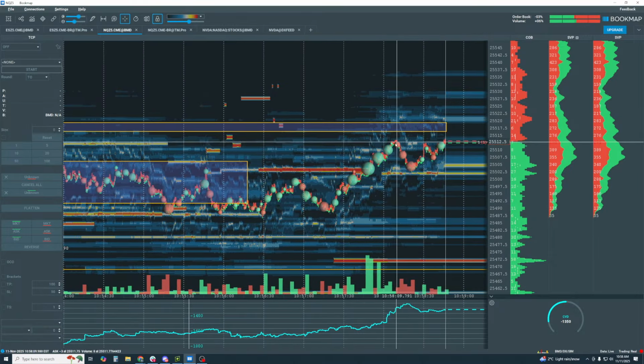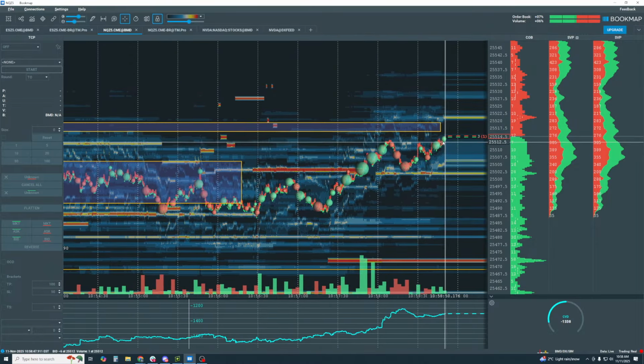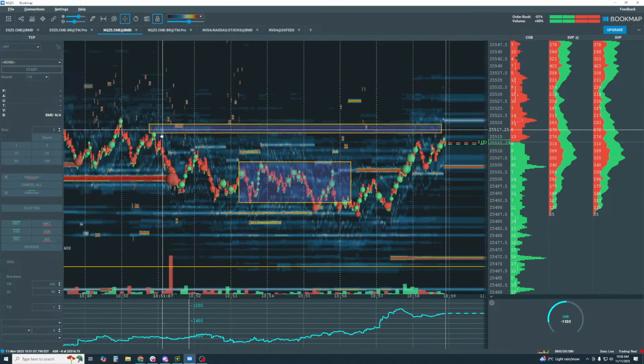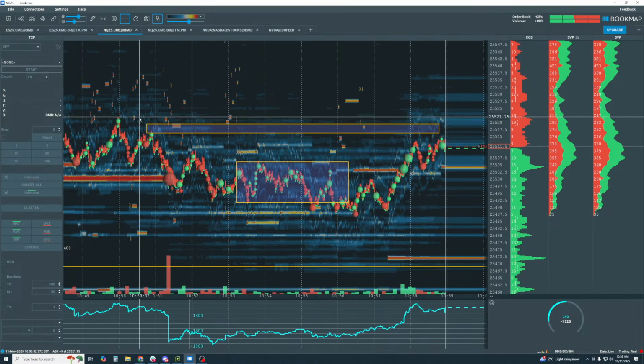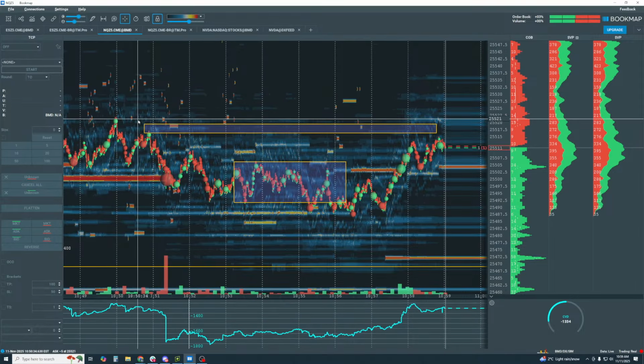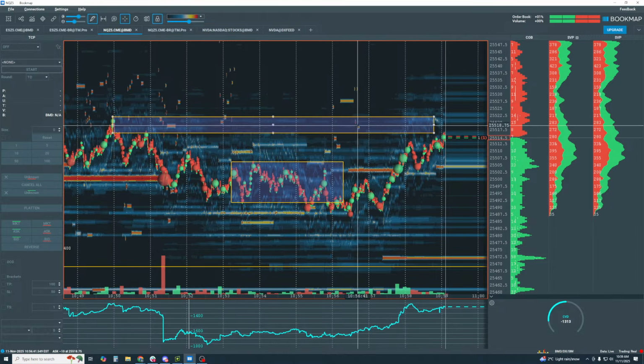Okay, so let's see if we get our exhaustion up here. Not right now, we're not. Right, see the buyers? So likely so far back up into what we say, 18 to like 21, it should be 21 or 22.